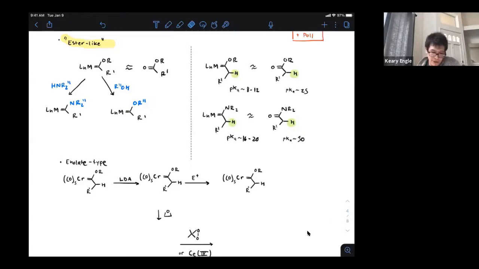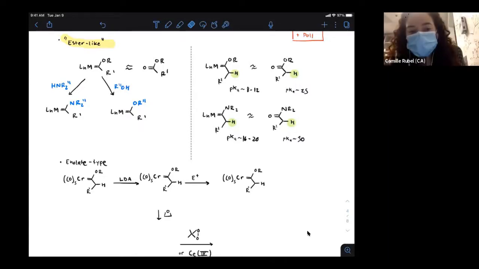Previously, I had shown that LDA can exchange for OR, but in the presence of an acidic alpha proton, probably the fastest thing that's going to happen is that LDA, which is a hindered base, is not going to act as a nucleophile.